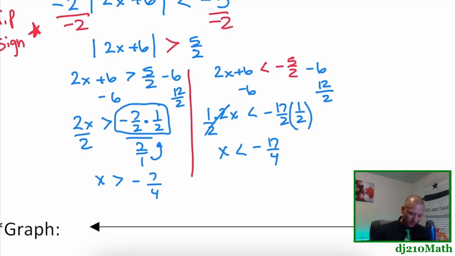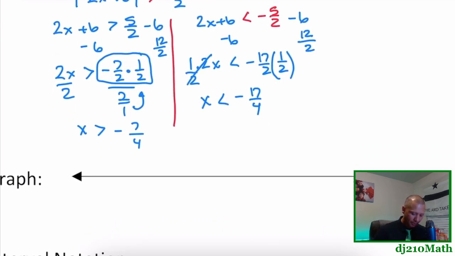Okay, to graph this out, make our 2 tick marks. We have to put the smaller one on the left. So, which one is smaller? Negative 7/4 or negative 17/4? If you think about it, negative 17 over 4 is going to go on the left.